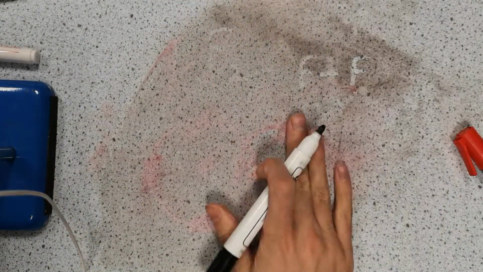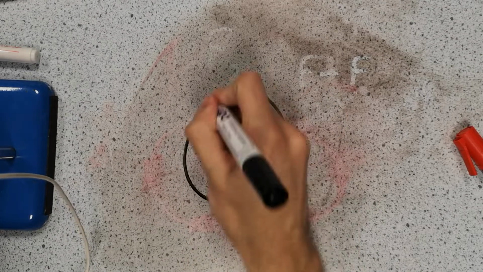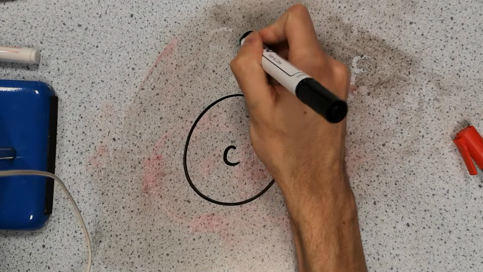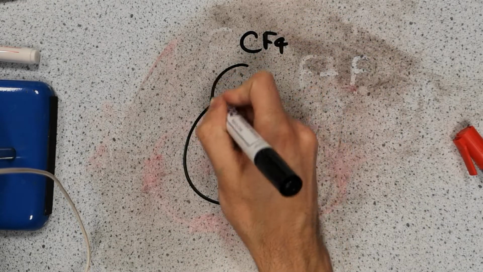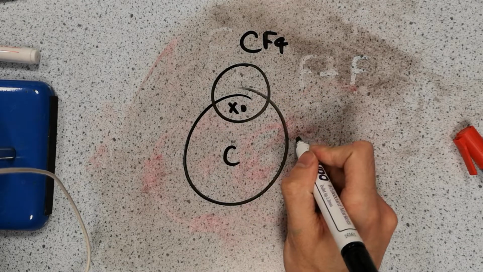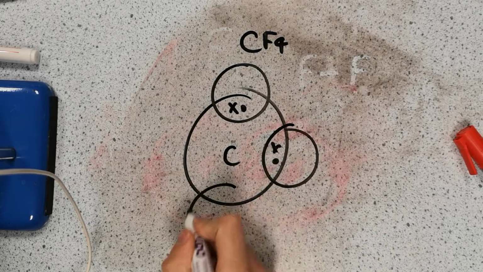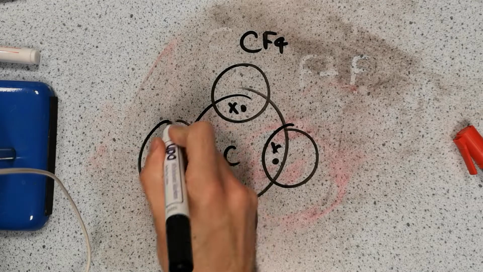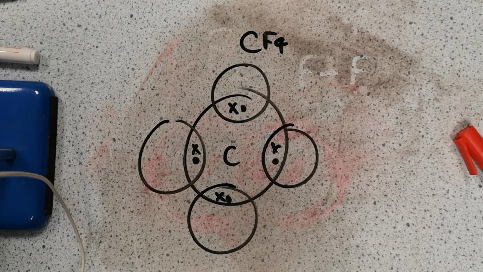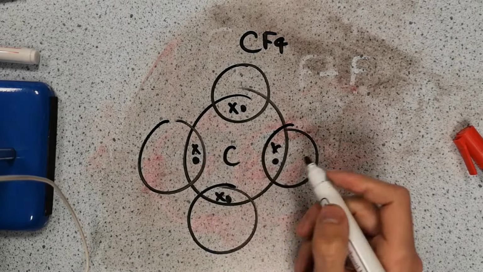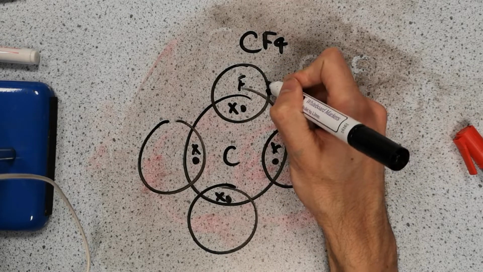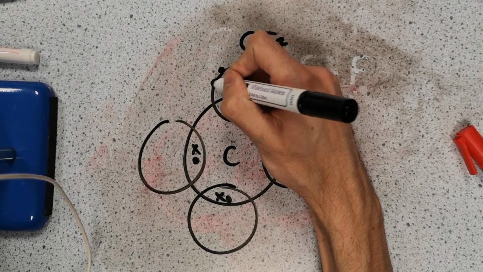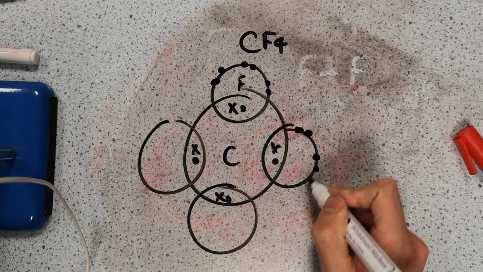In carbon tetrafluoride, CF4, we have our carbon, and that is going to form 4 covalent bonds, because carbon's only got 4 electrons in its outer shell. I've represented them by the crosses, and then each fluorine also only needs 1 covalent bond.